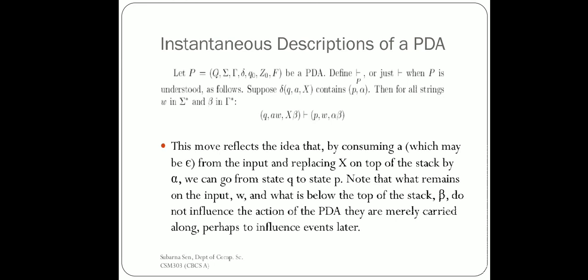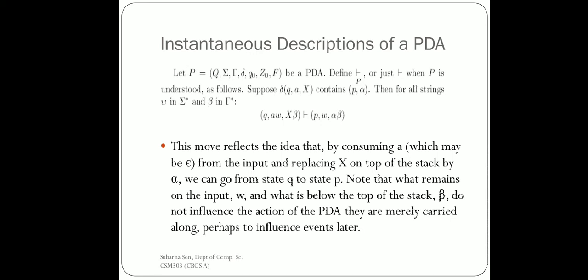Fine. So if you have to represent this PDA, namely P, we have described it formally, right? What Q means, what sigma means and so on; I am not going into details again. Here you can see one symbol. This is called the turnstile symbol. You may write a P just below it, or you may not. Both are valid.